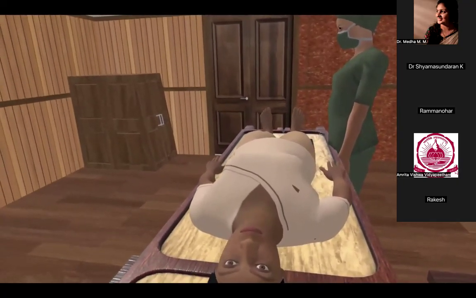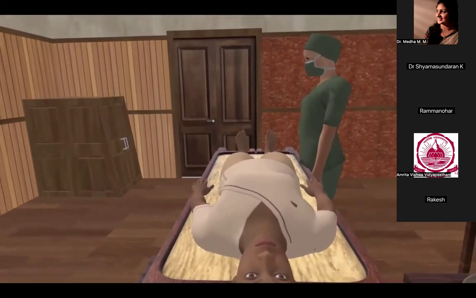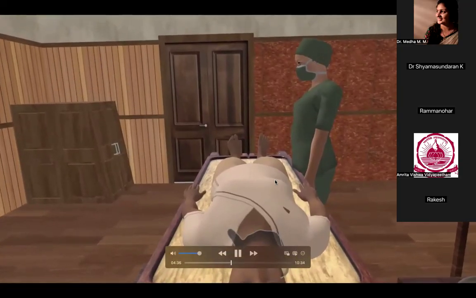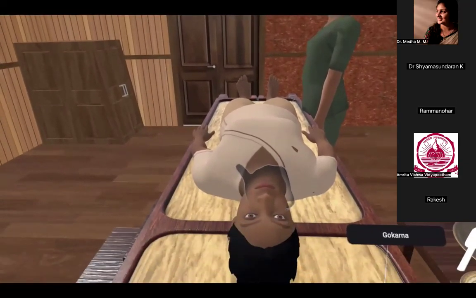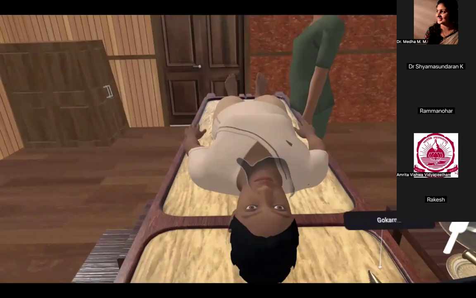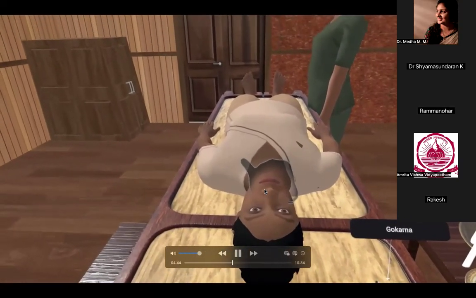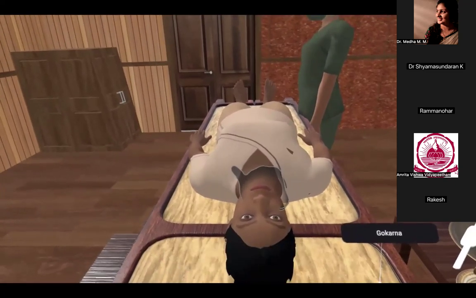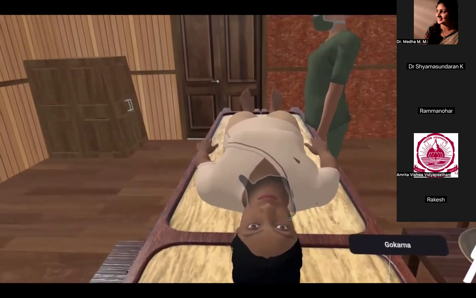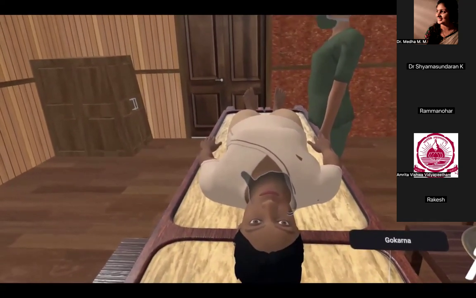So the hand positions in accordance with the Ashtanga Hridaya are mentioned here.